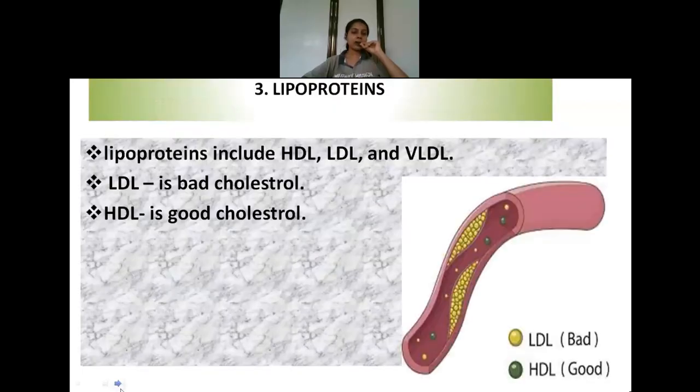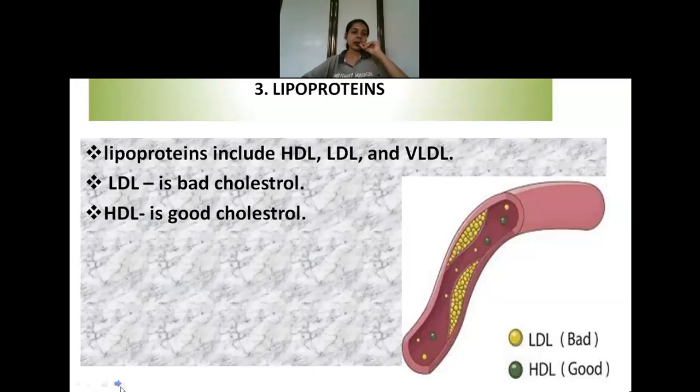Next, moving on to the lipoproteins, we have LDL and HDL, high density lipoprotein and low density lipoprotein, and very low density lipoprotein is also there. Now, LDL is considered to be a bad cholesterol, while HDL is considered to be a good cholesterol. So the level of LDL should not be excess because it is bad cholesterol.